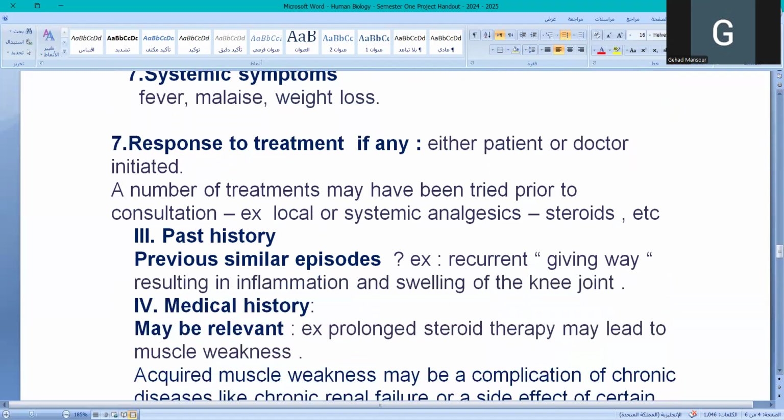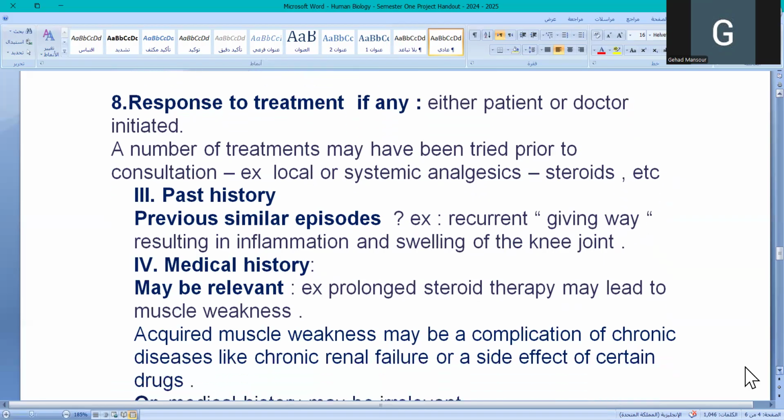And then it's also important to ask about response to treatment, if any, because the patient might not have taken any other treatment before, he might not have visited a doctor, but you can ask the patient if he has sought medical advice, what kind of medication he took, and if there was any response, positive or negative. Of course, again, the present history should be written in the form of a paragraph.